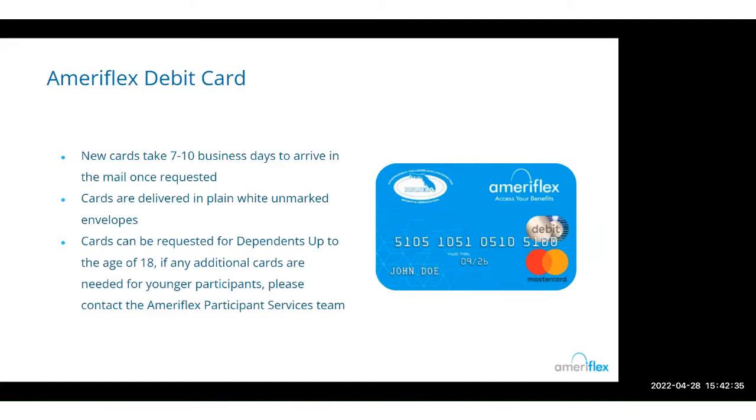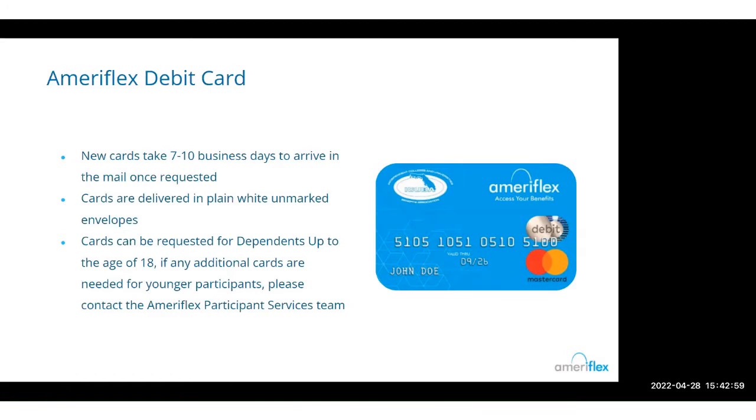Perfect. And there is a question in the chat about not receiving your Ameriflex card yet. We have sent the majority. There are maybe a very small number of participants who have not received a card. The best place to check if your card has been mailed out is the Ameriflex portal.